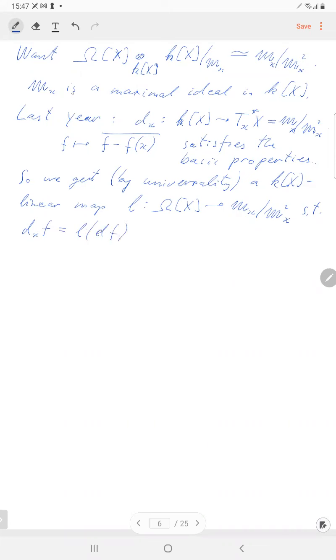By df, I mean the de Rham differential on big X.